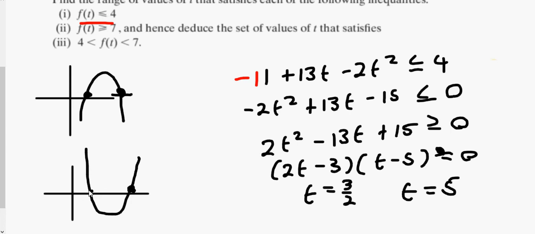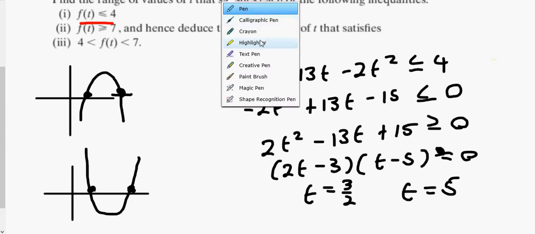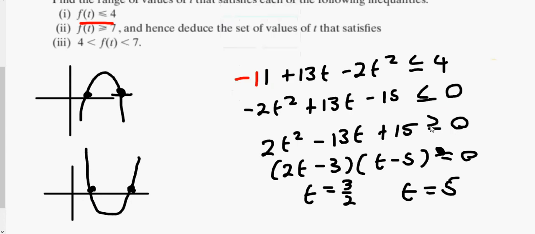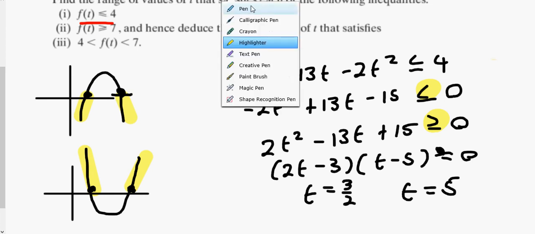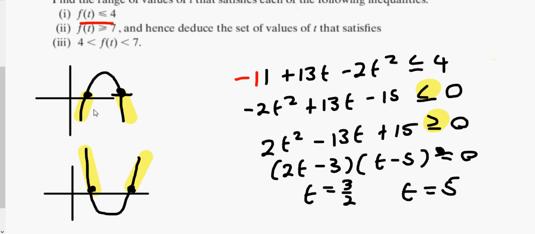Now, the difference is, when you look at the u-shaped graph, it wants it to be bigger than 0, so that'll be these two regions here. The n-shape wants it to be smaller than 0, which would be these two regions here. And see the way they sort of match each other x-wise? So that means you don't really have to worry about that. So it's going to be t smaller than or equal to 3 over 2, and t bigger than or equal to 5.